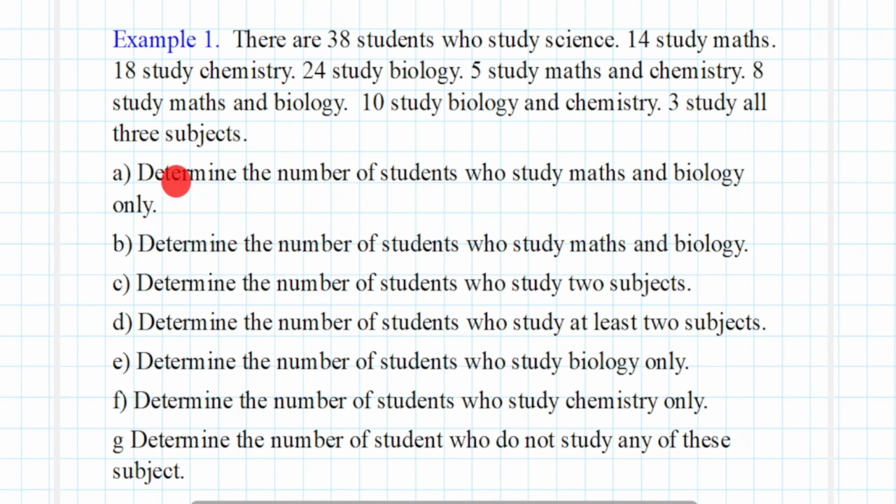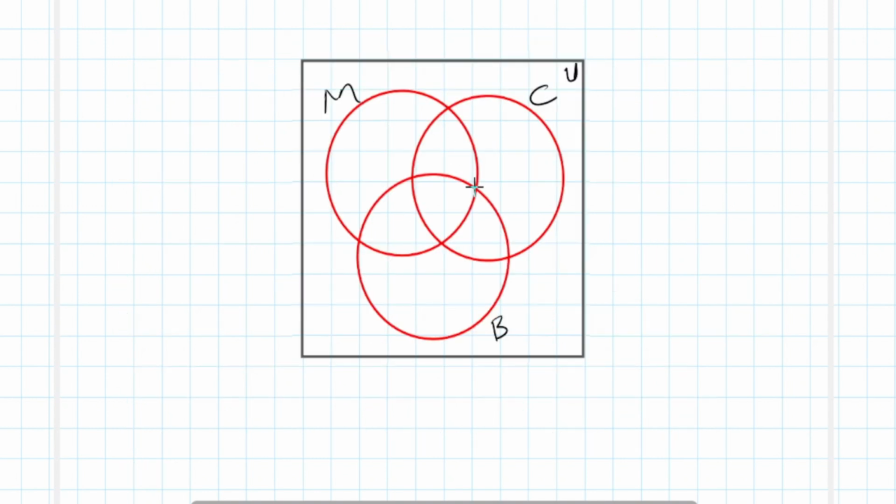We can answer this question easily by applying a Venn diagram. Represent maths by M, biology by B, chemistry by C. Now the Venn diagram looks like this.